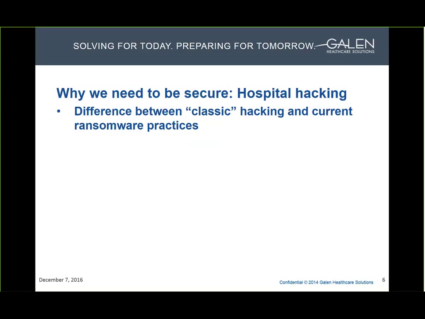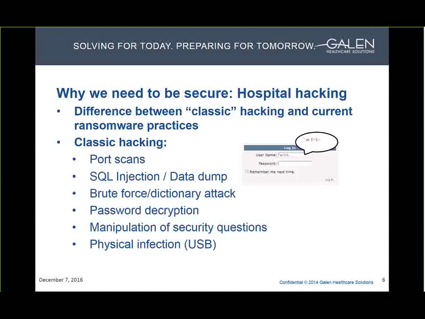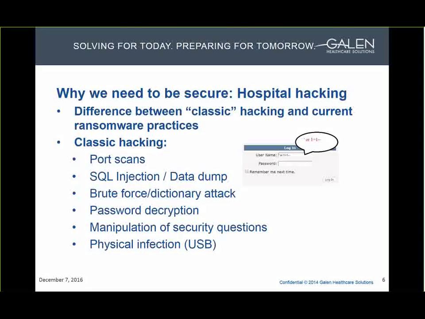And with that, first, let's talk about the difference between classic hacking and the current ransomware practices that are out there. Classic hacking refers to things like port scans, where somebody will look at your network for open ports as a possible avenue of attack. SQL injections, as in this little example here.